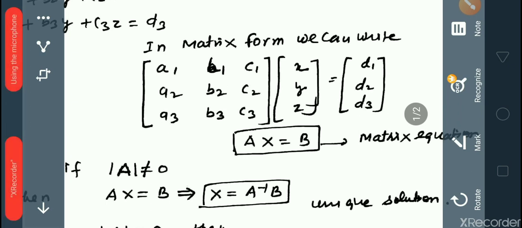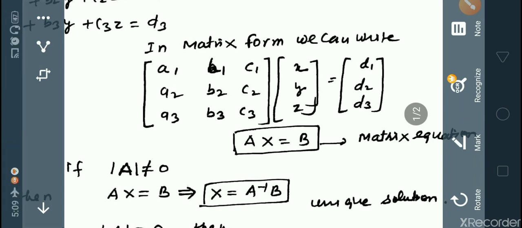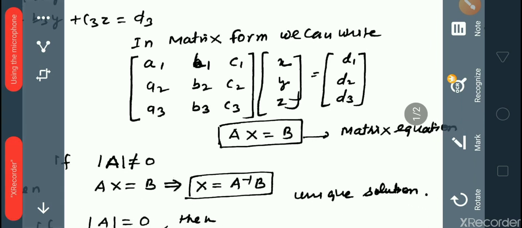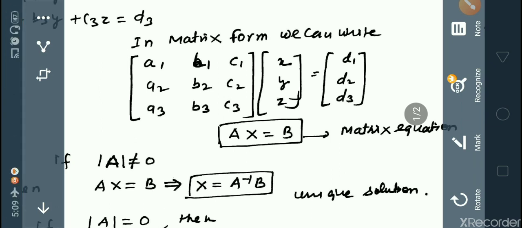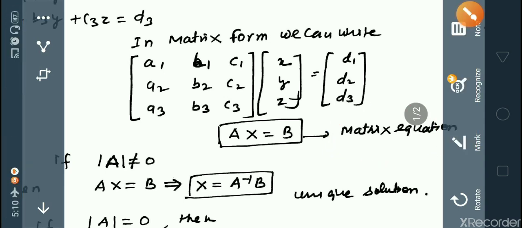The first one represents the coefficient matrix because it is made up of coefficients of x, y and z. The second is the variable matrix, it contains x, y, z, and on the RHS it is called the constant matrix. So children, in contracted form we can write AX is equal to B, and this is also called the matrix equation.